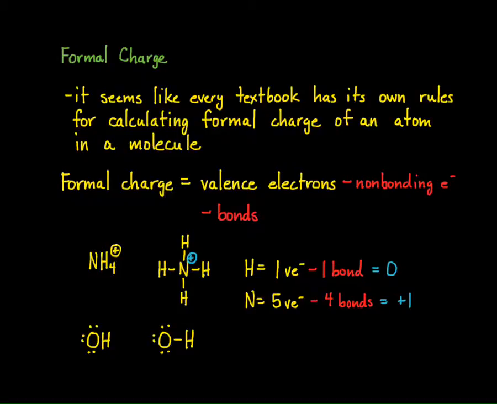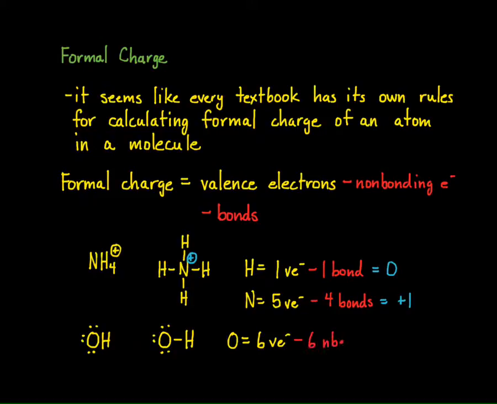Now, hydrogen, when calculating formal charge, we know hydrogen, just like above, has 1 valence electron, 1 bond, therefore it has no formal charge. So the formal charge is 0, I should say. Oxygen has 6 valence electrons. How many electrons do we have around it? Well, notice we have 6 non-bonding electrons, 3 pairs of electrons.